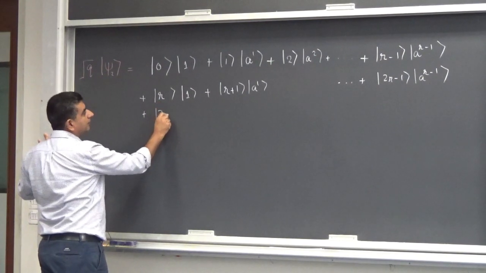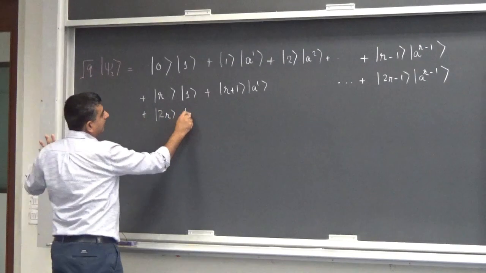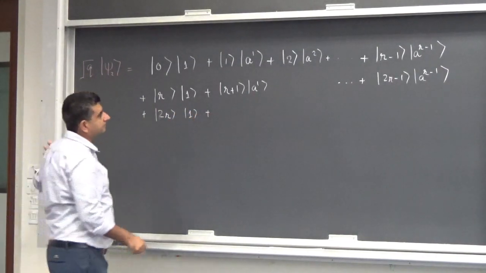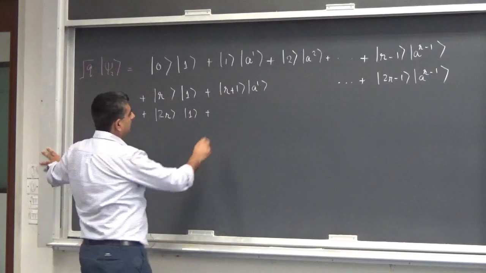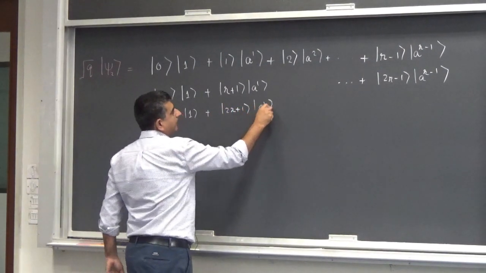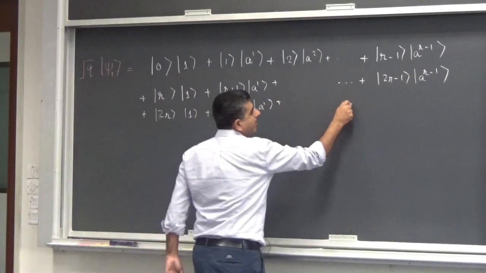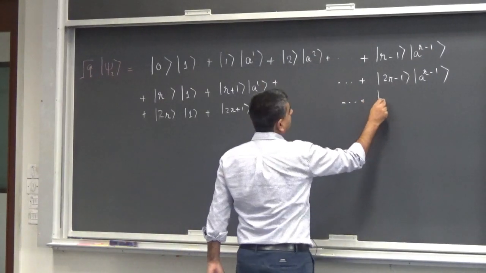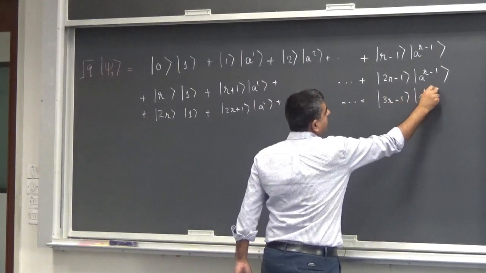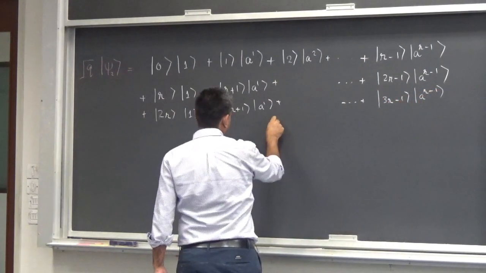And the third row, if such a row exists, 2r up to r minus 1, and this goes all the way.